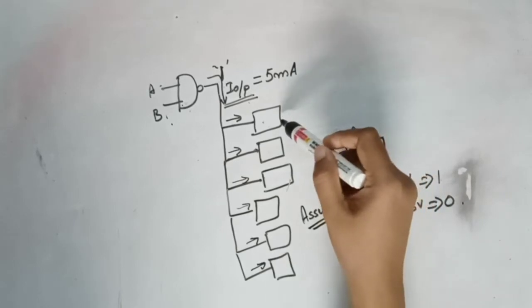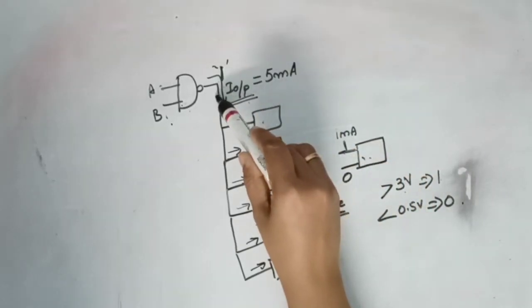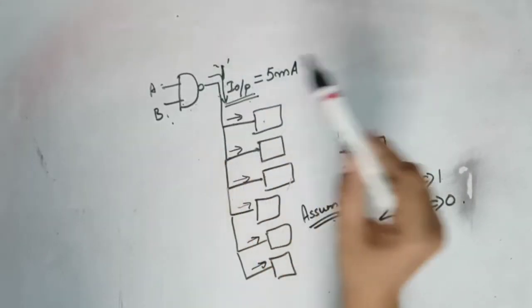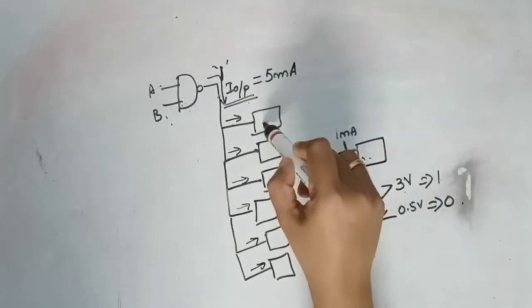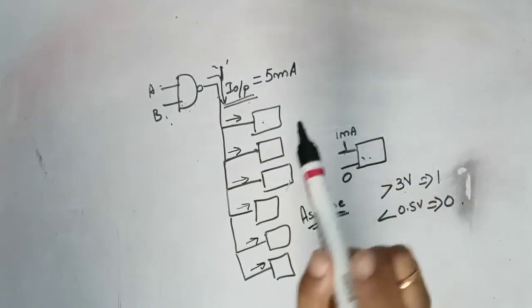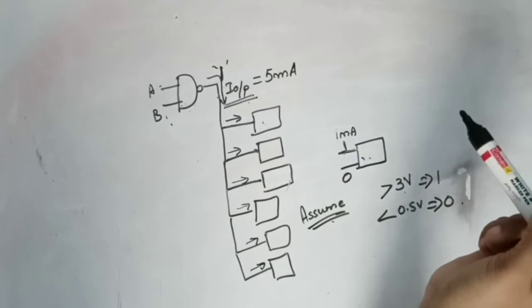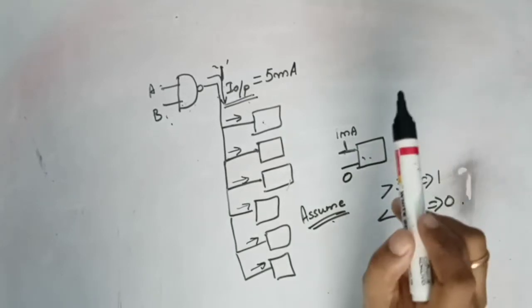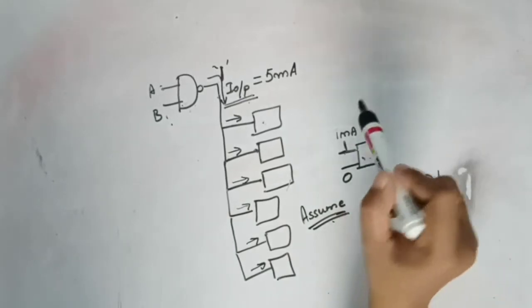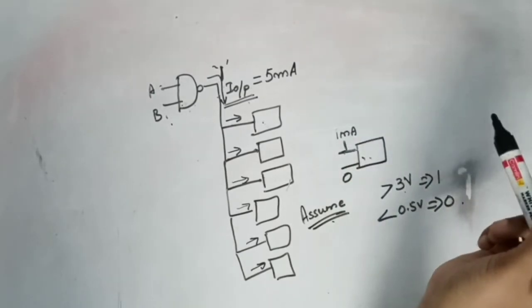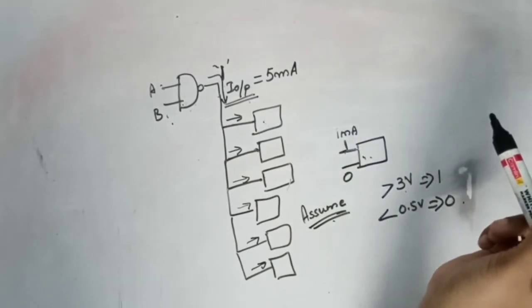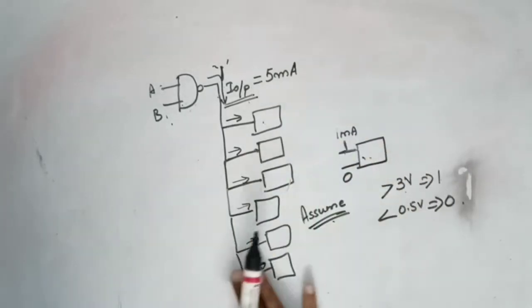So how many gates can be connected to the output of this particular NAND gate so that each gate gets a logic 1 at the input? In order to get a logic 1 at the input of each gate, 1 milliampere should flow. So it should be only 5.